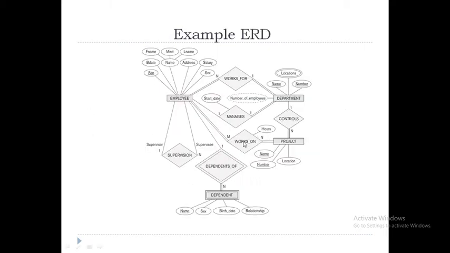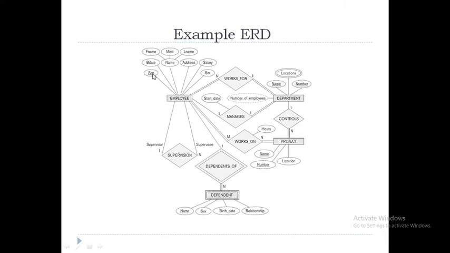Now here works on is having many to many cardinality, or M to N relationship. So we have to create a separate relation for works on, and in works on you have to include the primary key of these participating entities. What is the primary key of employee?